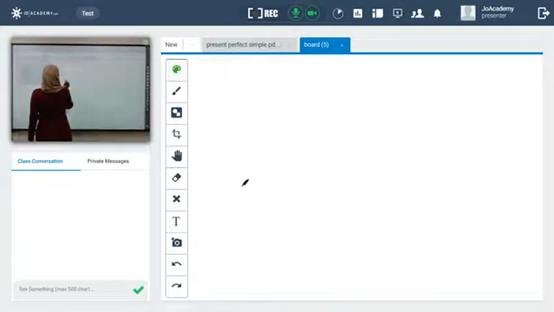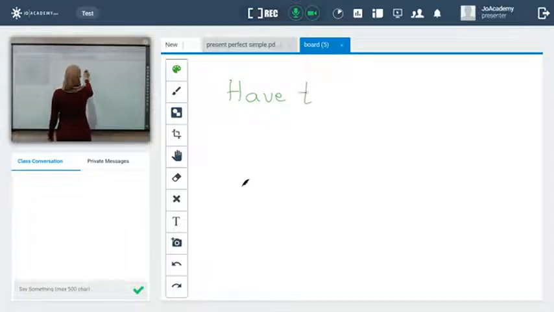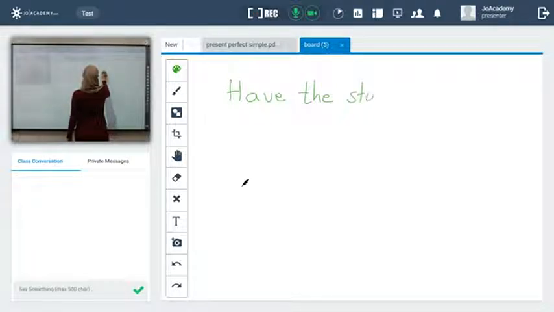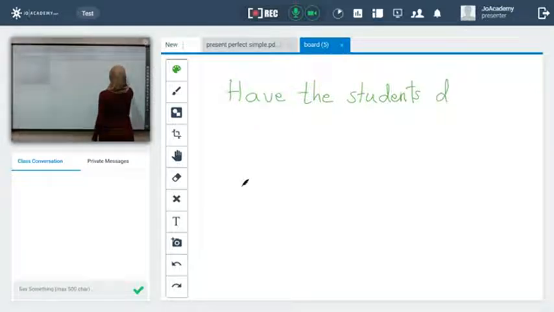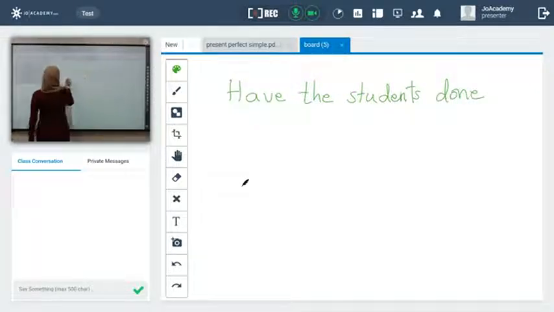So let's choose green and let's write our first question. Have the students done the homework assignment?